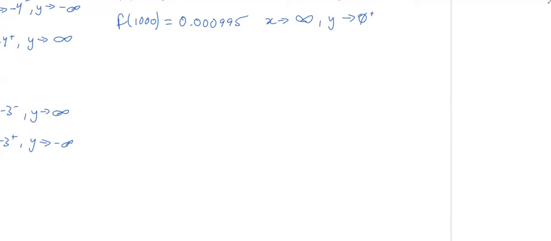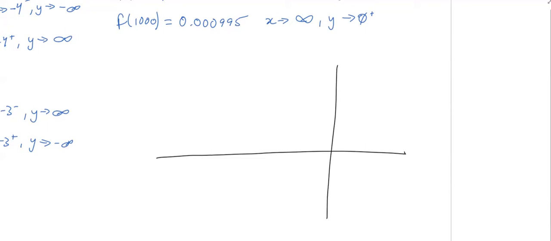Both of my vertical asymptotes are negative, and my X-intercept is negative as well. So I'm going to do my sketch kind of like this. I'm going to put in my asymptotes.